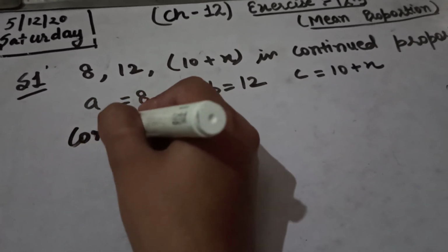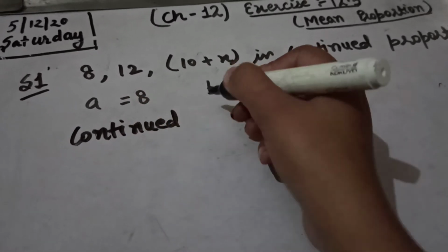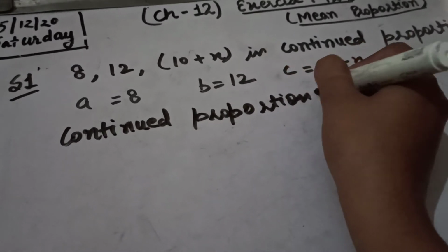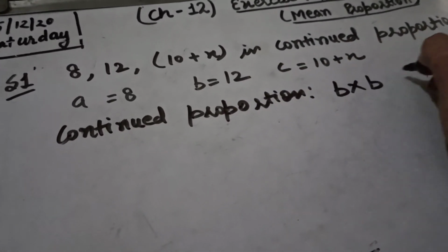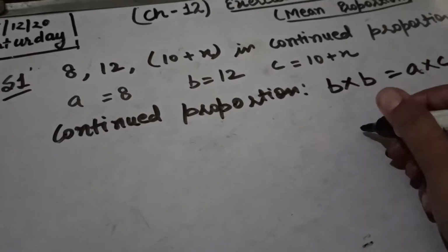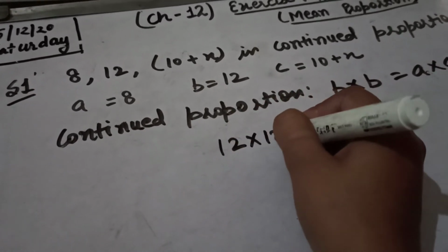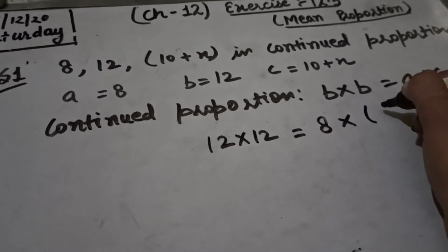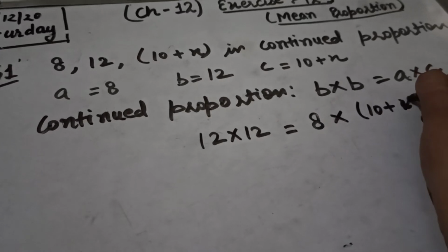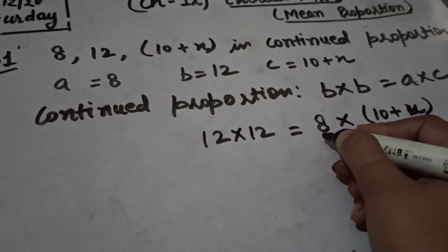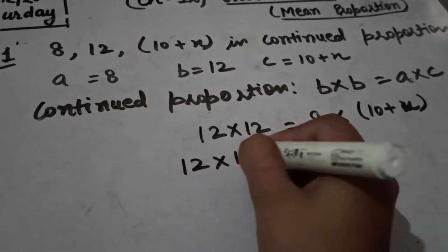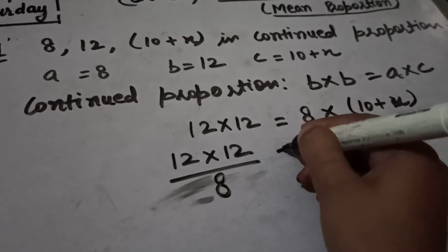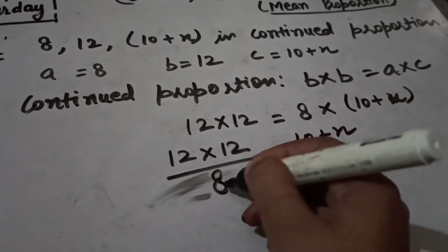Continued proportion means we will put the formula B cross B equals A cross C. B is 12 multiplied with 12 equals 8 cross 10 plus x, so we will put this 10 plus x into bracket. This 8 will come this side, equals 10 plus x.